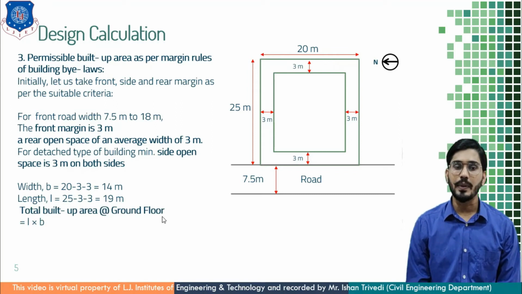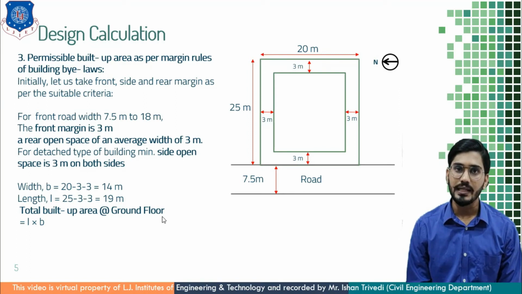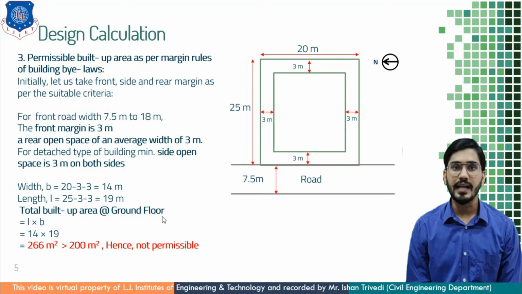Then total built up area at ground floor, small l into small b, is equal to 14 into 19. I will get 266 meter square area. But it is more than 200 meter square, which is my permissible built up area at ground floor, and hence this margin is not suitable.